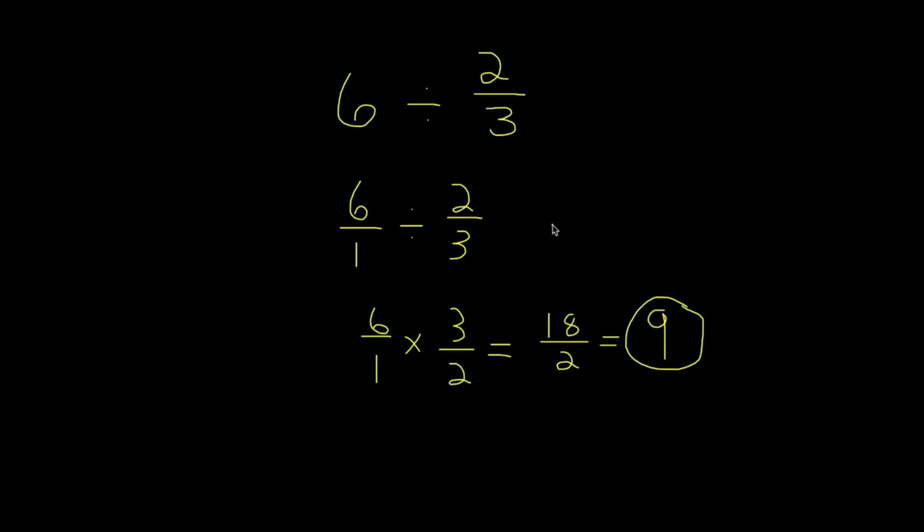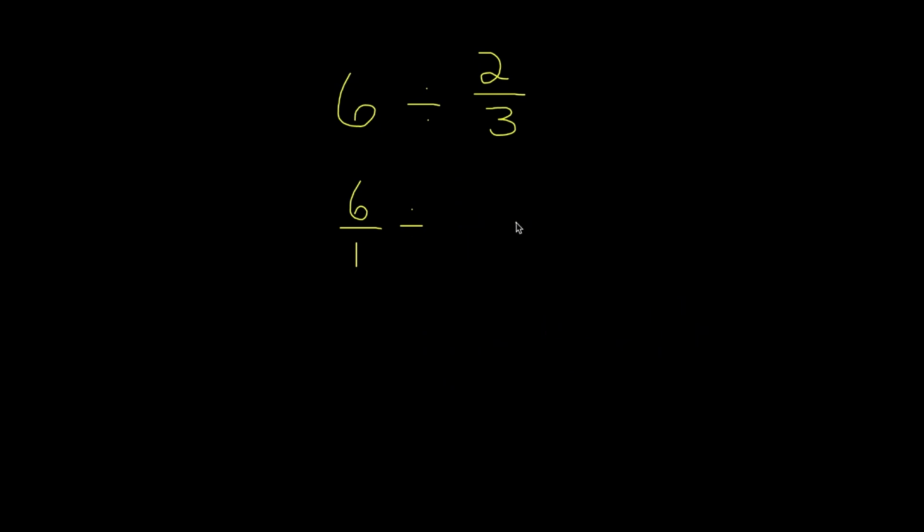Now, before you guys leave the video, I actually have a simpler trick to dividing whole numbers by fractions. Instead of writing in its reciprocal form and then multiplying, all we have to do is multiply the whole number with the denominator.